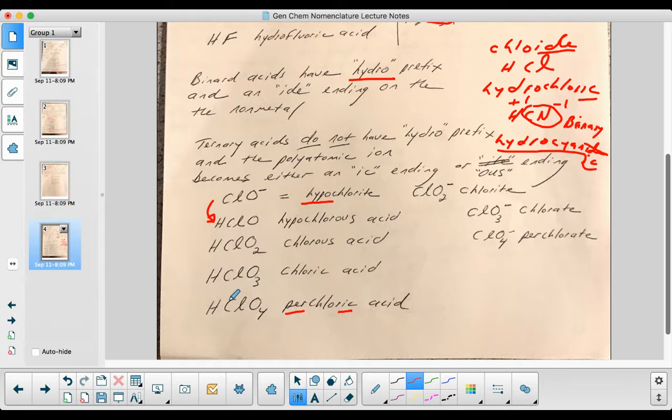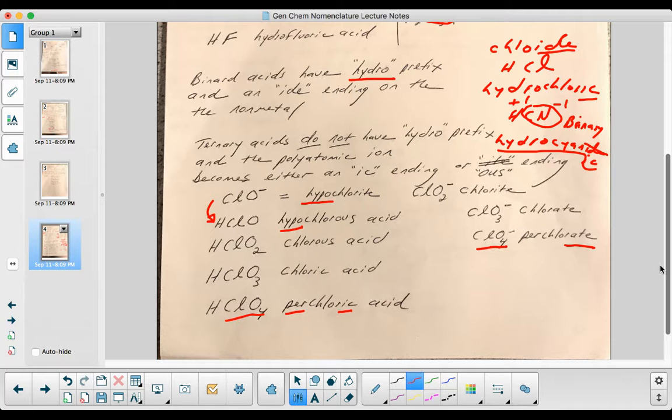This grouping here of this halogen with oxygen is a little bit confusing, because the name of this ion is hypo, and the name of this ion here is called the perchlorate, but it's that ending that makes it perchloric acid.